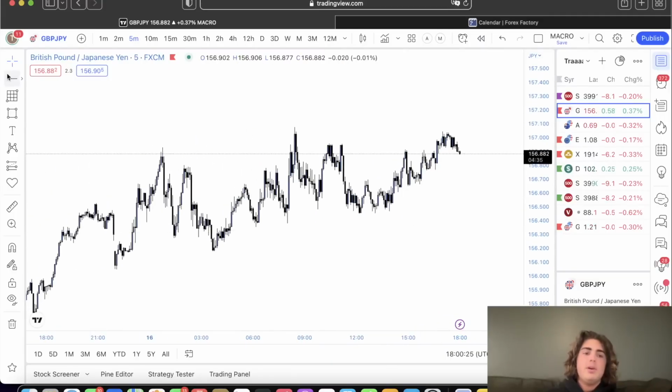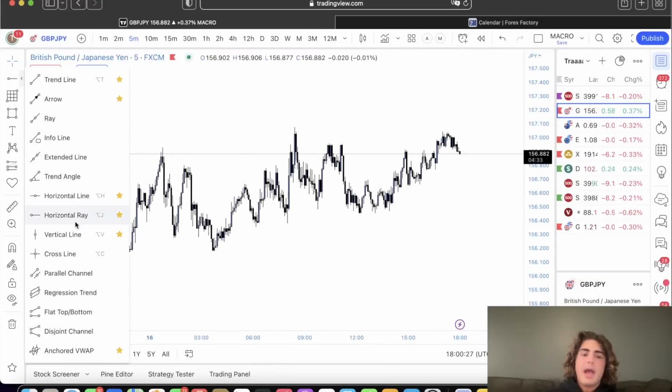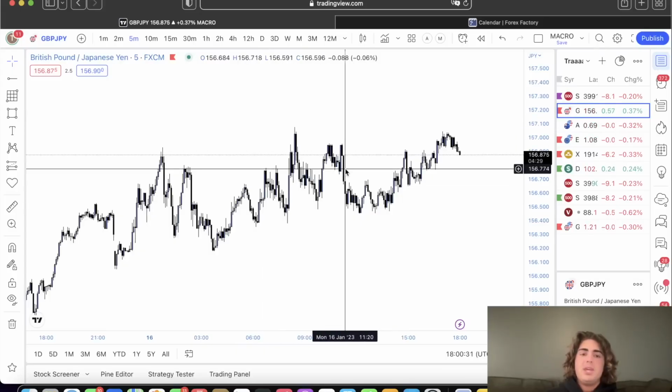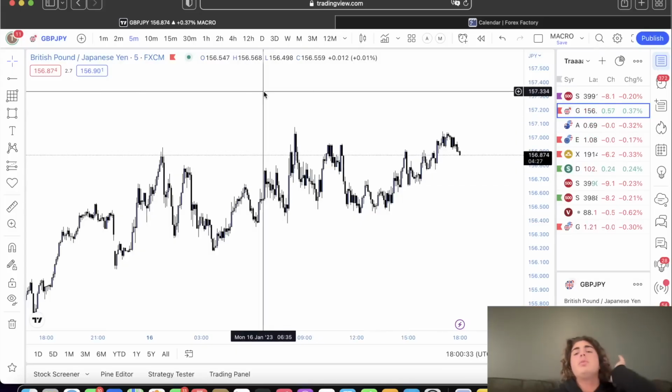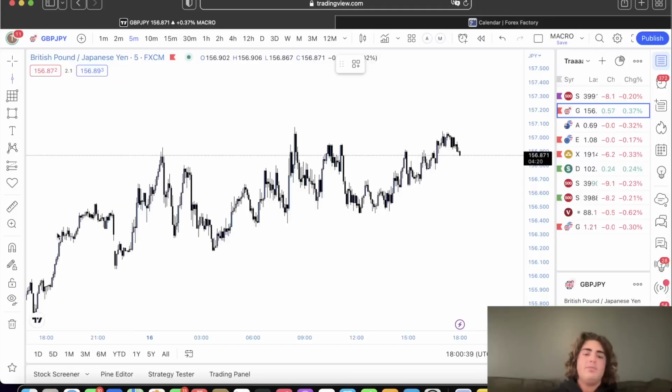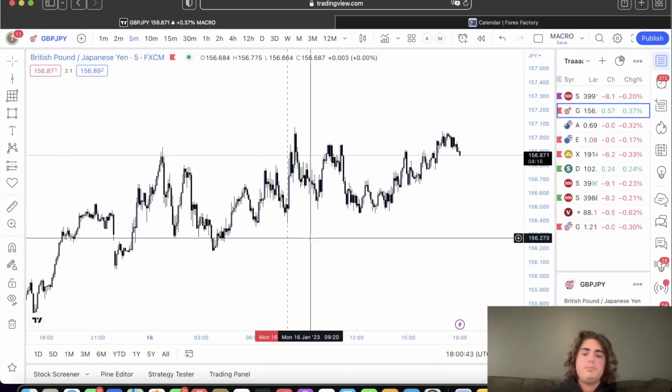And then on crypto, it's the same exact thing without session opens. So I like trading crypto on higher time frames because we don't really necessarily have session opens on crypto, and crypto doesn't necessarily react off of session opens like it does in Forex or on the S&P.